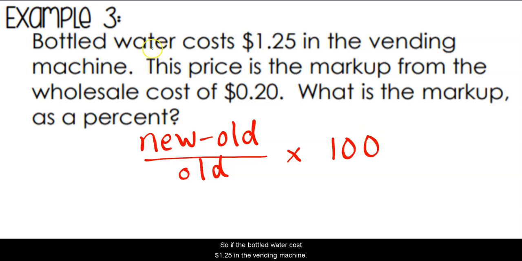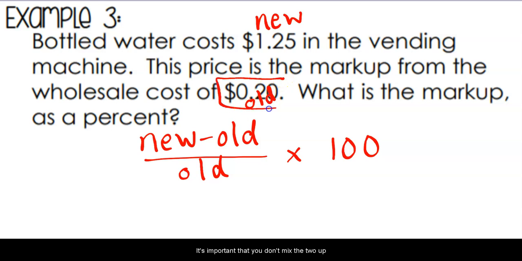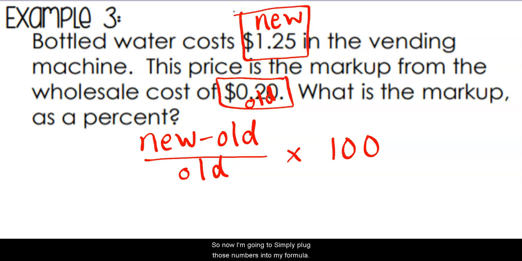So if the bottled water costs $1.25 in the vending machine, okay, that's going to be the new price. The price it was before is the wholesale cost, so that's going to be the old cost. It's important that you don't mix the two up. So now I'm going to simply plug those numbers into my formula.